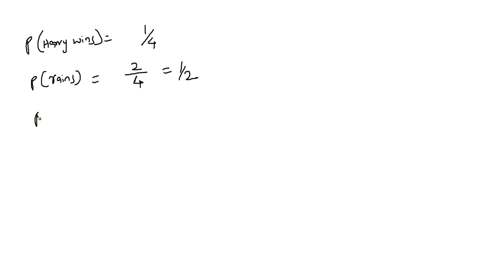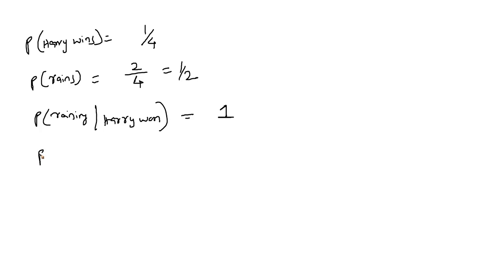And now the probability that it's raining, given that Harry won. There is only one scenario where Harry won, and that was during raining. So you can clearly say this probability is 1.